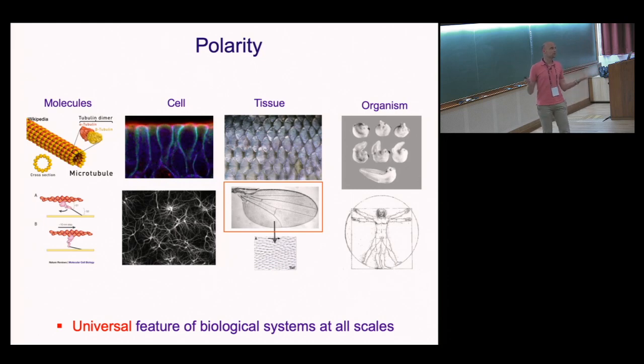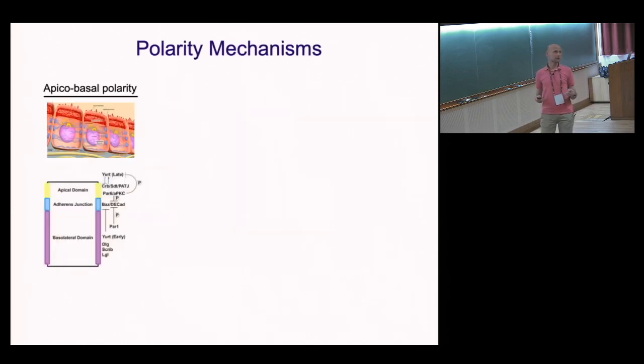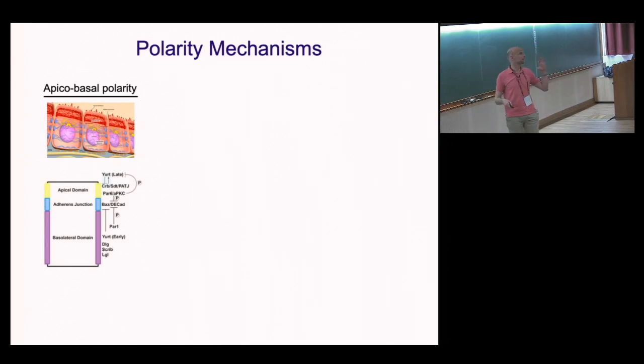Now, what creates polarity, or what are the machines that create polarity? This is actually best understood at the molecular level. For example, in the case of the apicobasal polarization of epithelial cells that I mentioned on the previous slide, at different levels of this lateral junction between cells, you will have different protein complexes localized. The specific details here don't really matter, but what is important to note is that these complexes interact with each other.